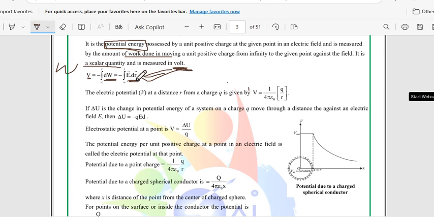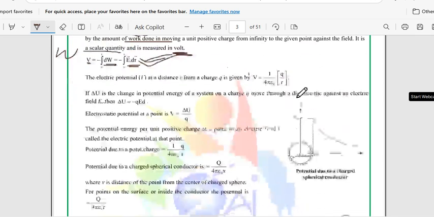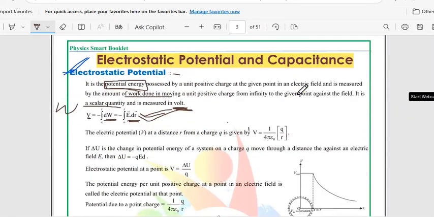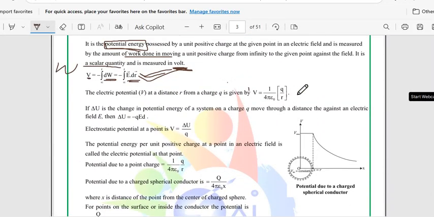Suppose we go on deriving this expression, we will get q divided by r. Let me derive this expression. Let us consider an electric field.